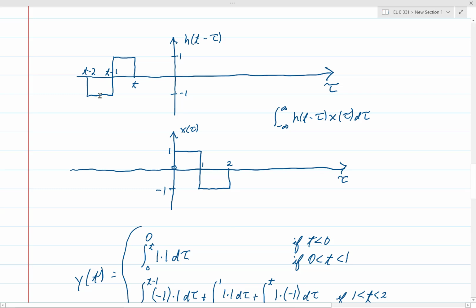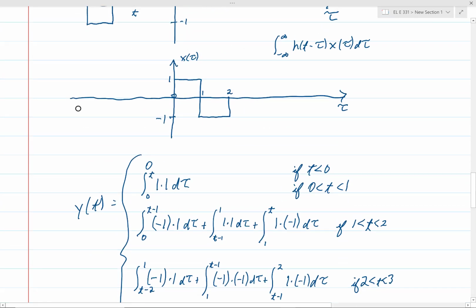Then we're going to have the rest of the negative portion of h overlapping with this negative portion of x, and then finally we'll have part of the positive portion of h overlapping with this part of the negative portion of x. So let's put all that now in terms of a formula.